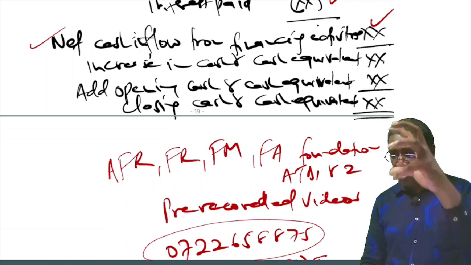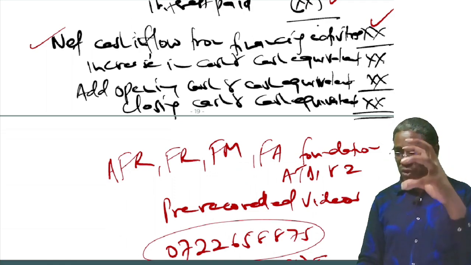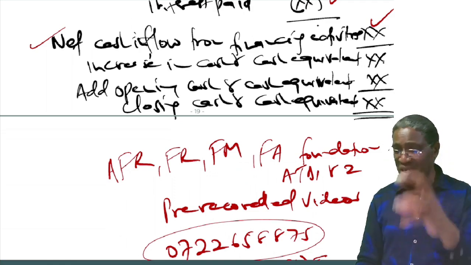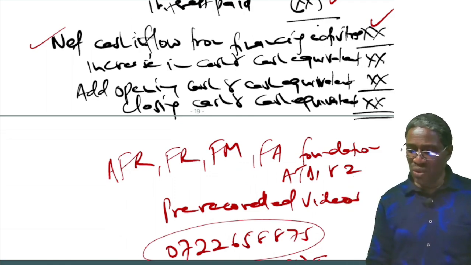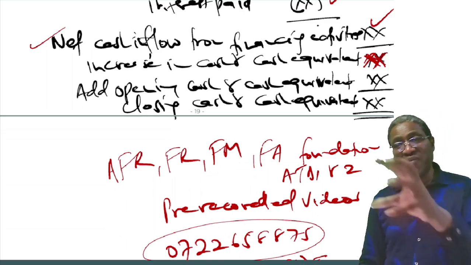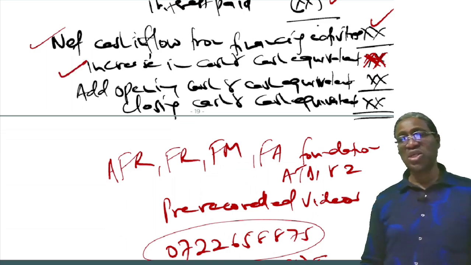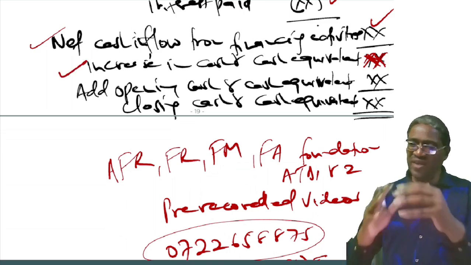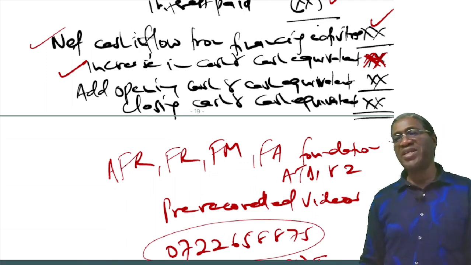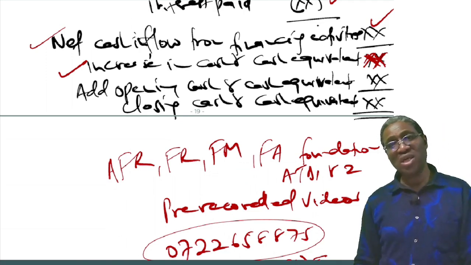That is the figure you got for operating, the figure you got for investing, and the figure you got for financing. Add all of them. Whatever you get down there, that we said could either be positive or negative. If it's a positive, we said you call it what? Increase in cash and cash equivalent. If it's a negative, we said you call it decrease in cash and cash equivalent.